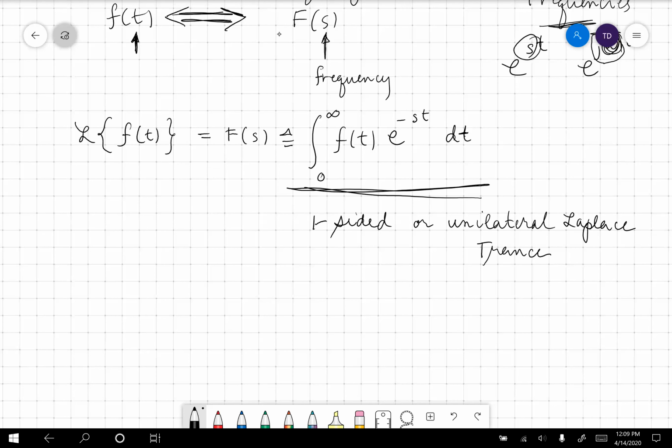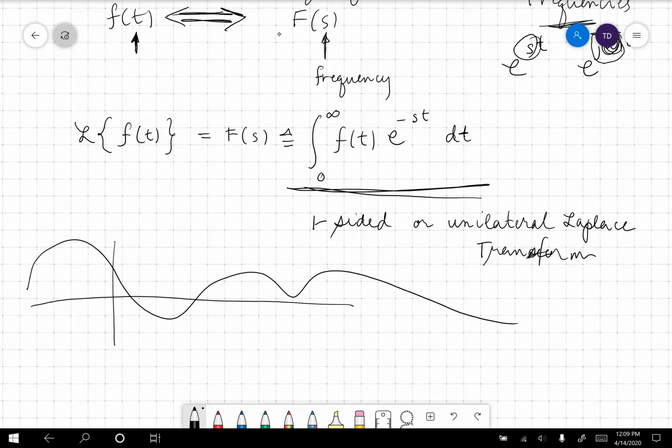The reason it's the one-sided Laplace transform is because no matter what f of t looks like, we start the integral from 0 on the time axis. This is our time axis. We integrate from 0 to infinity.